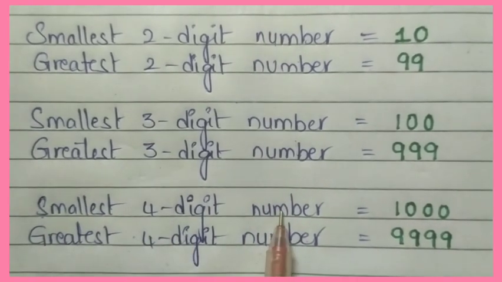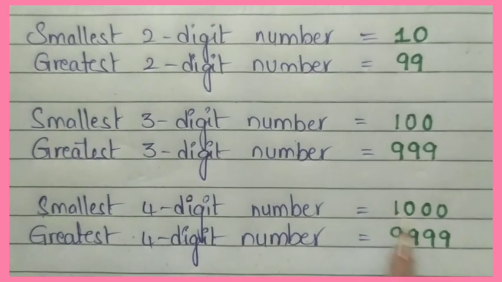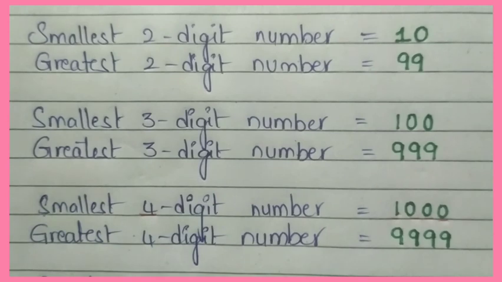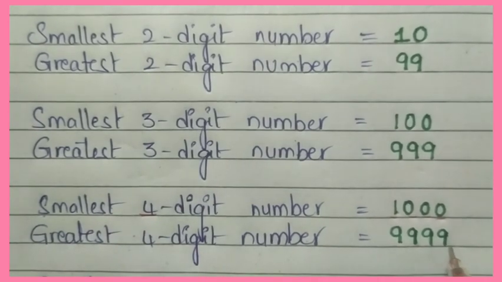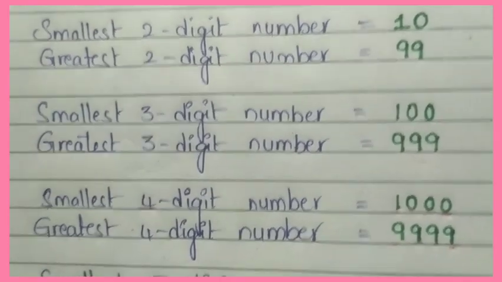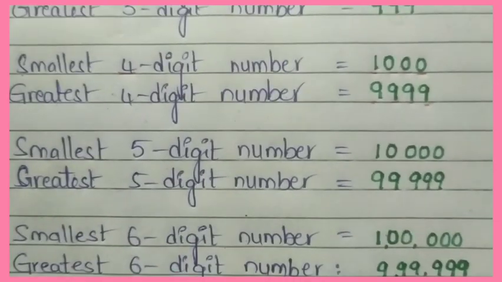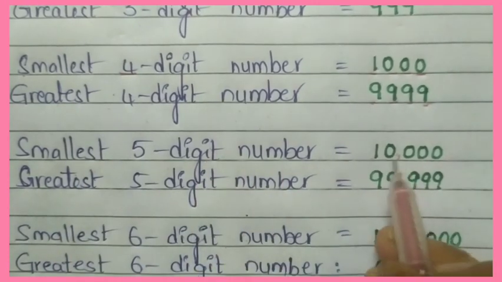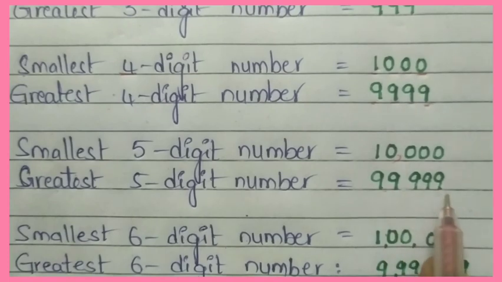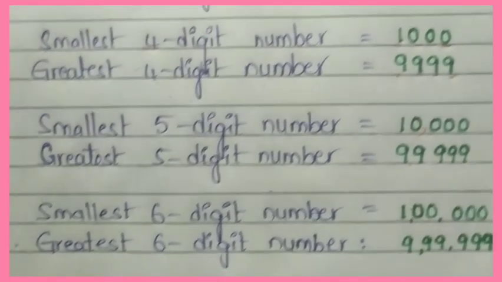The smallest 4-digit number is 1000: 1, 2, 3, 4 digits. The greatest 4-digit number is 9999. The smallest 5-digit number is 10,000. The greatest 5-digit number is 99,999.